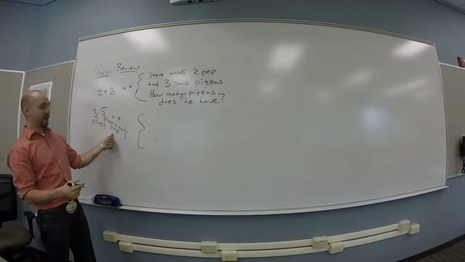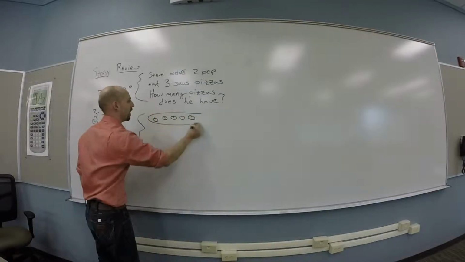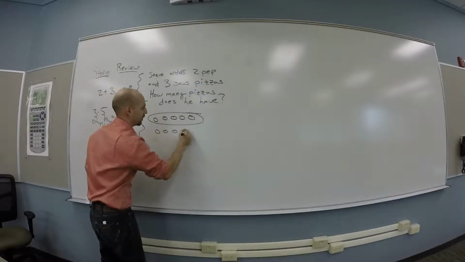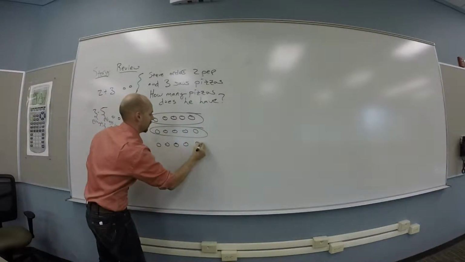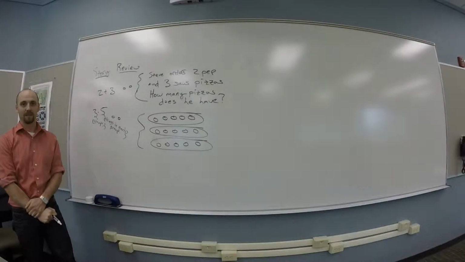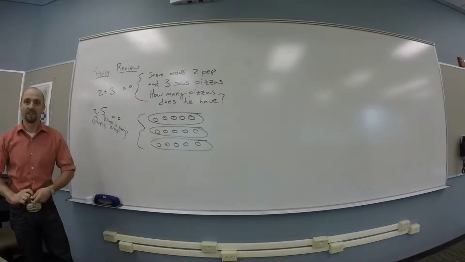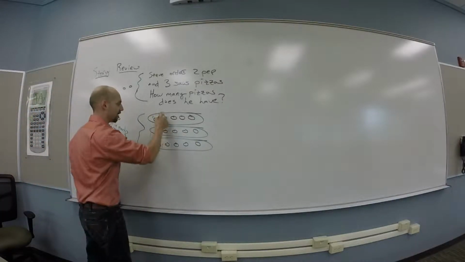So by 3 times 5, what I mean is I have 5 things, and 5 things in 3 groups, right? That's subtly different than the story that motivates this thing, right?